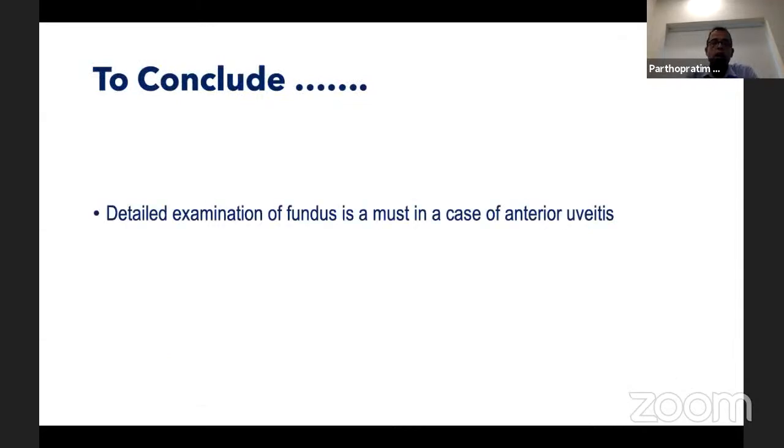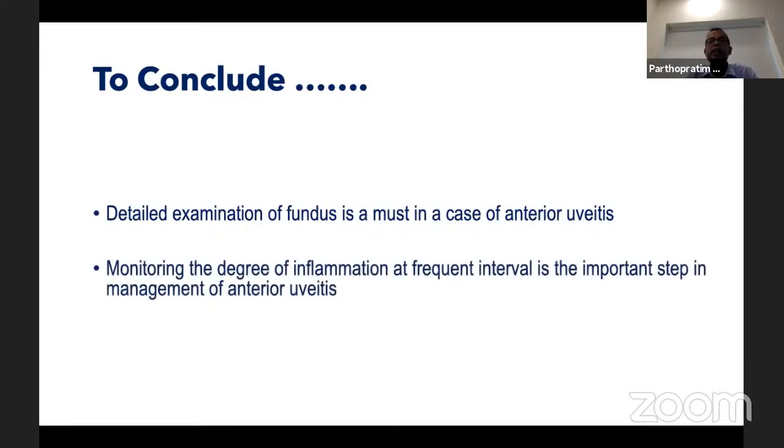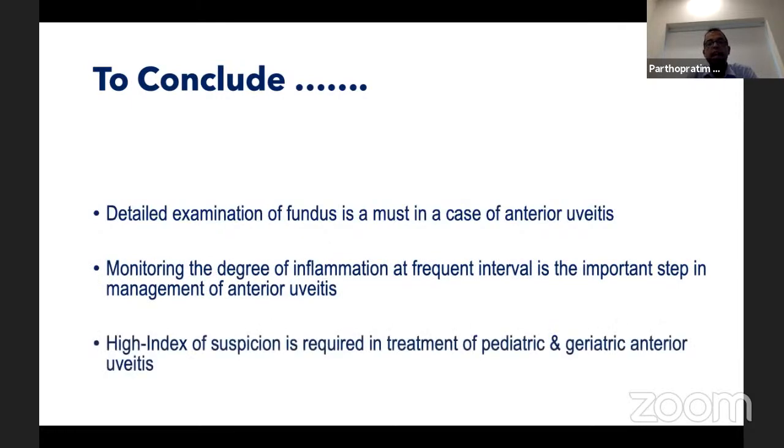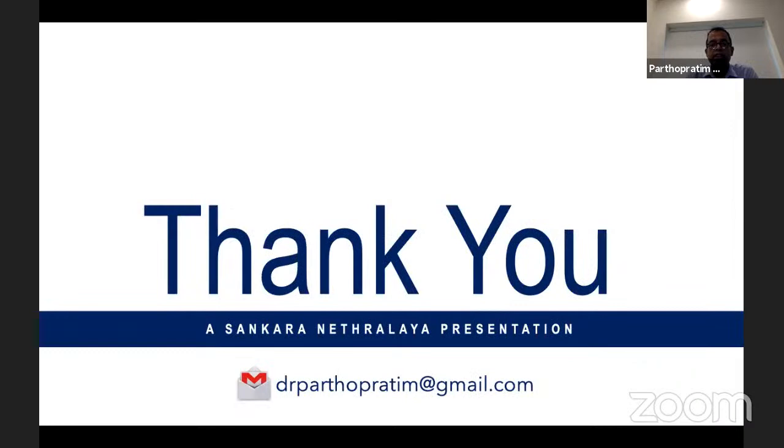To conclude my talk, detailed examination of the fundus is a must in any case of uveitis. Monitoring the degree of inflammation at frequent intervals is very important to manage any case of uveitis, and a high index of suspicion is required for the treatment of pediatric and geriatric cases of uveitis. Thank you so much for your patience.